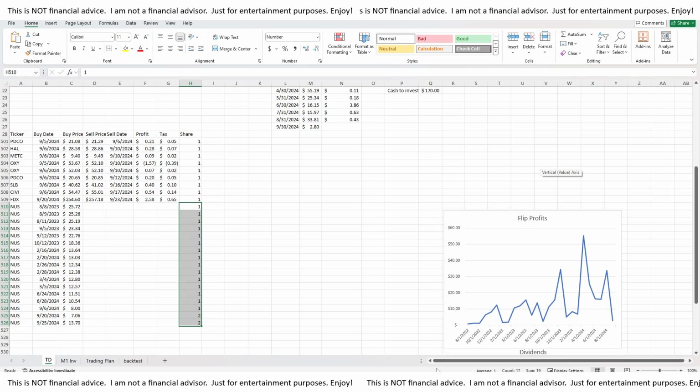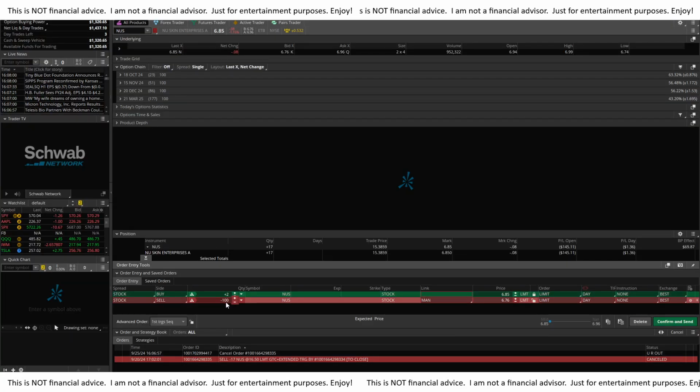Looks like 19 shares. I got 14 and a quarter, which means we're way away. But good till cancel extended hours, so that once we put the order in, we don't have to worry about it. It will just kind of do its thing.